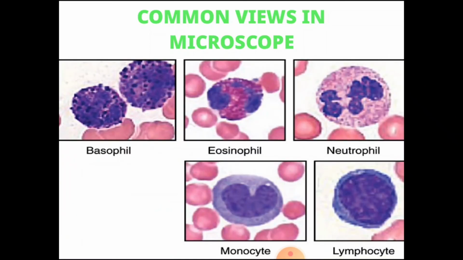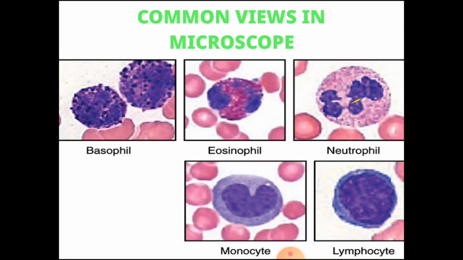Now the picture of different WBCs during the use of the oil immersion lens. This one is the basophil, showing that the nucleus is totally obscured by bluish or violet granules. Next one is the neutrophil. Next one is the eosinophil with a spectacle shaped nucleus with a thin band interconnecting them, and brick red coarse granules inside.